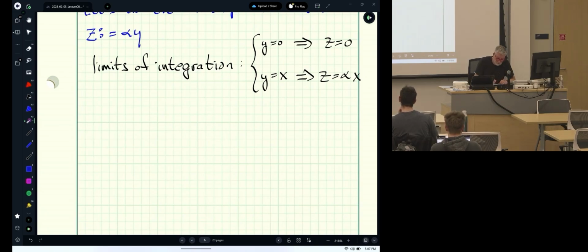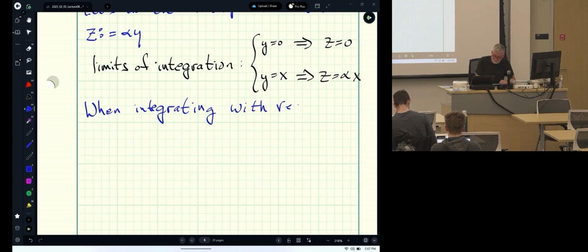Okay, so when integrating with respect to z, if we formed our Riemann sums, delta z is still (b minus a) over n.